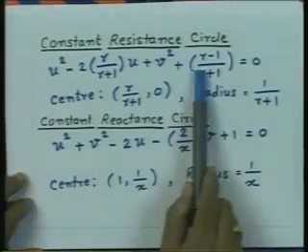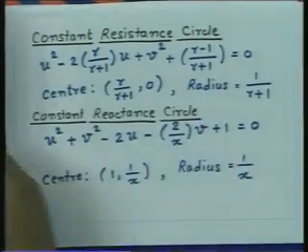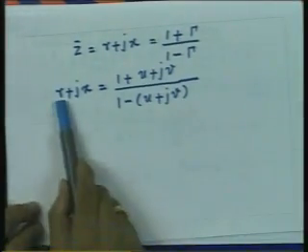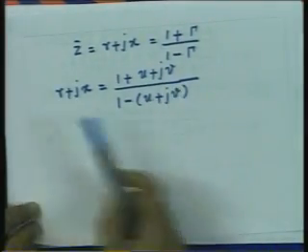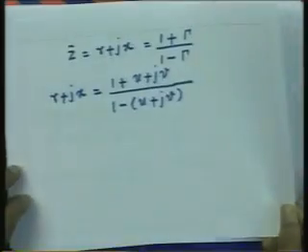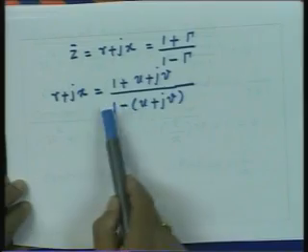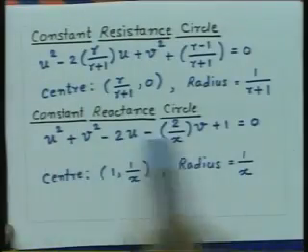So, this is the equation corresponding to the real part of this equation. If I take r equal to the real part of that and rearrange, I will get an equation which will be this. Similarly, if I take x equal to the imaginary part and rearrange the terms, I will get an equation which will look like that.